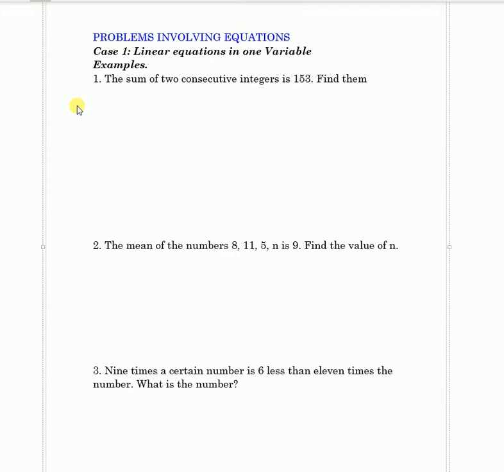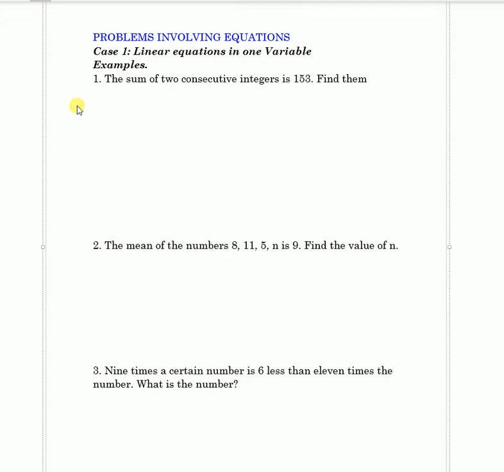Particularly, there are cases that can lead to simultaneous equations, and the advanced ones can lead us to quadratic equations. So for now, we have the first case where the problem leads to a linear equation in one variable.